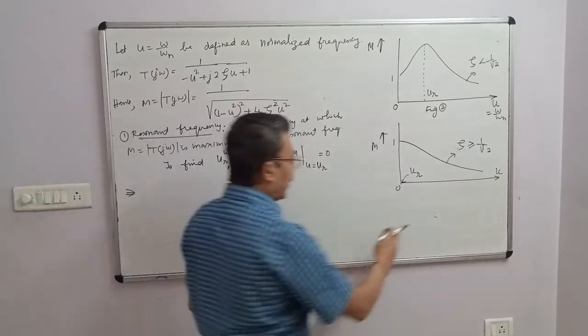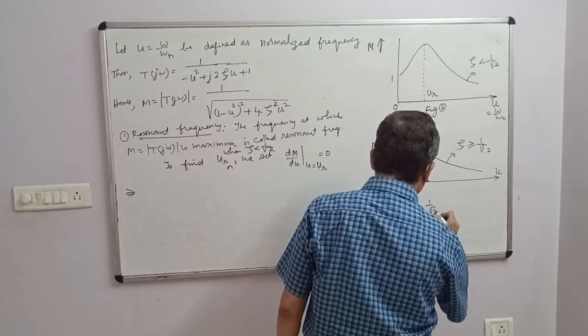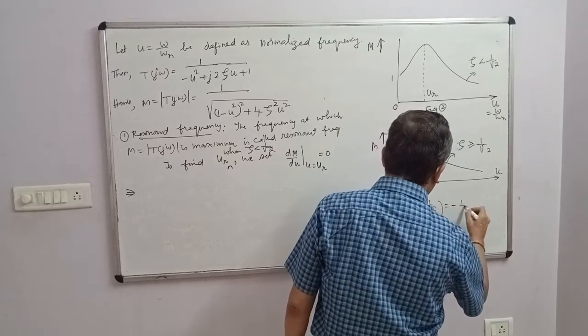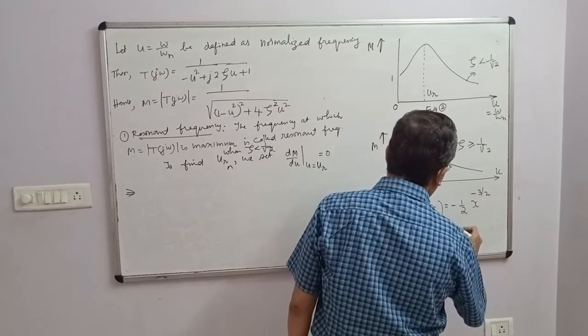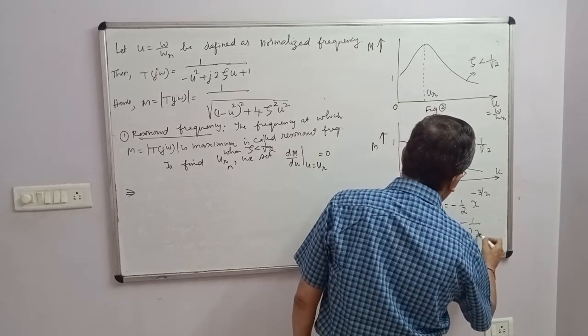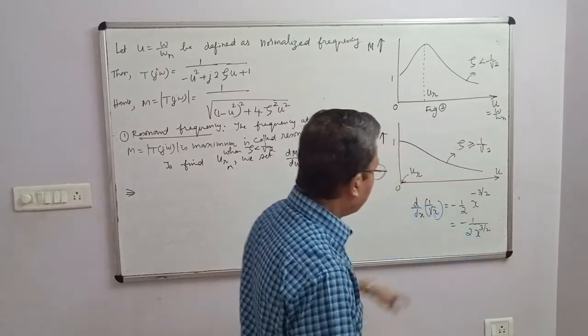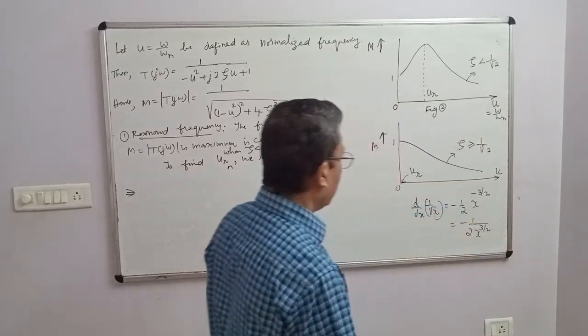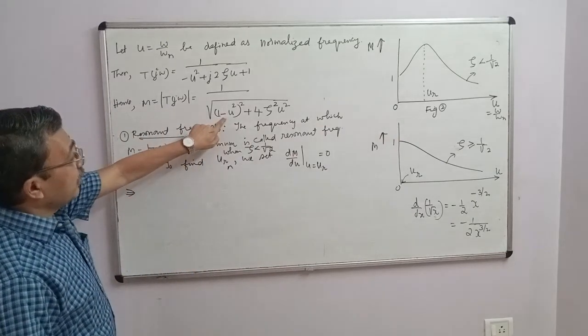Please note, d by dx of 1 by root x is equal to minus half into x to the power minus 3 by 2. This is nothing but minus half into 1 over x to the power 3 by 2. Now here x is the quantity inside the square root.